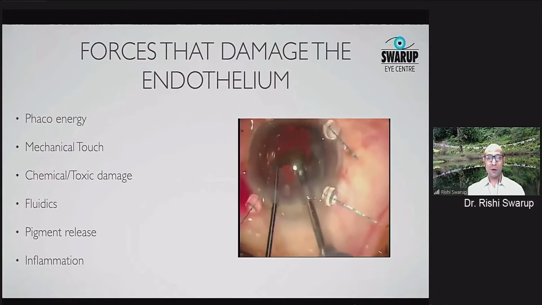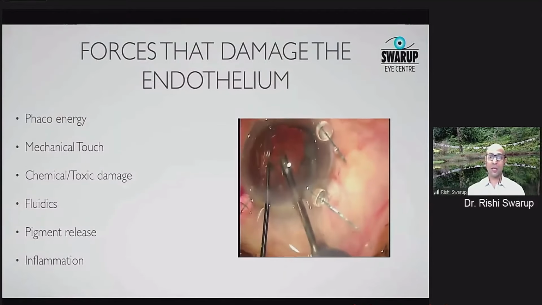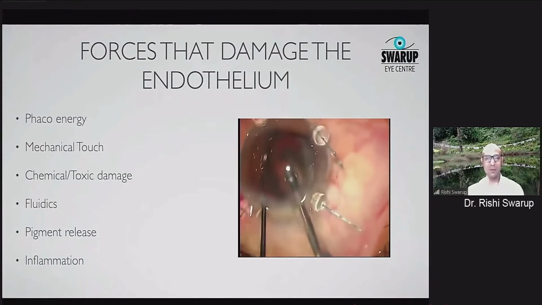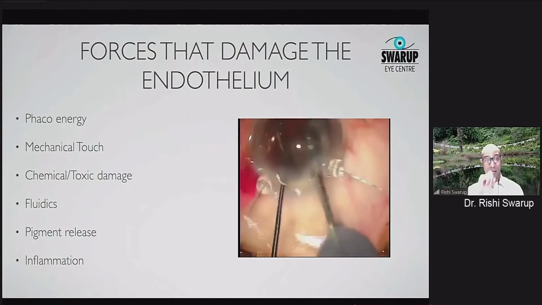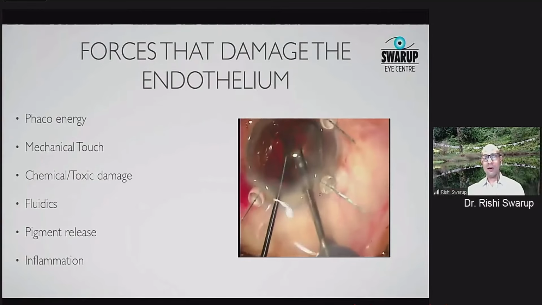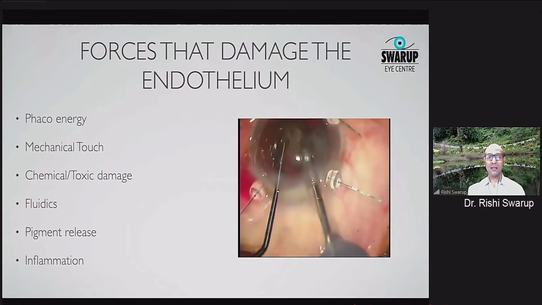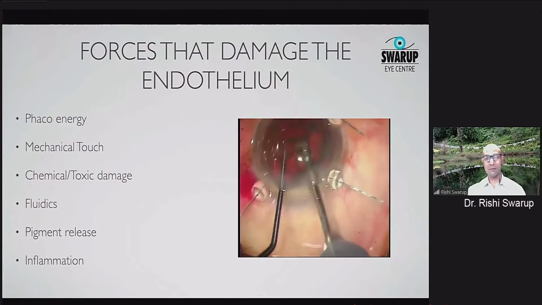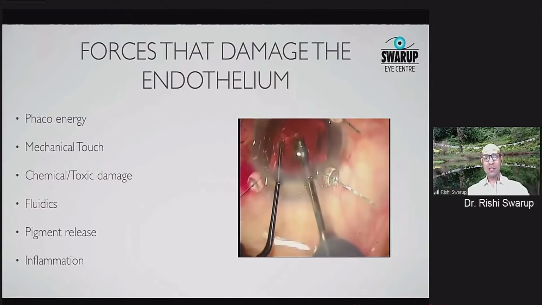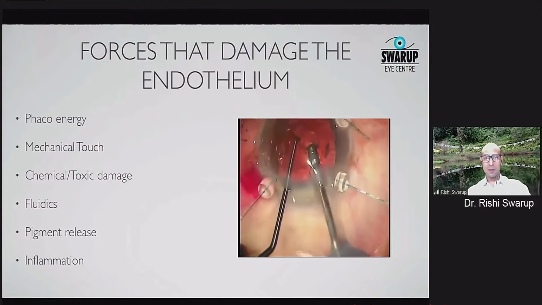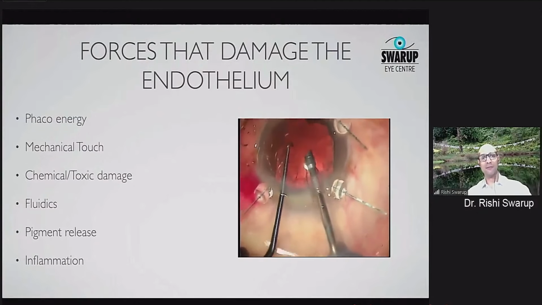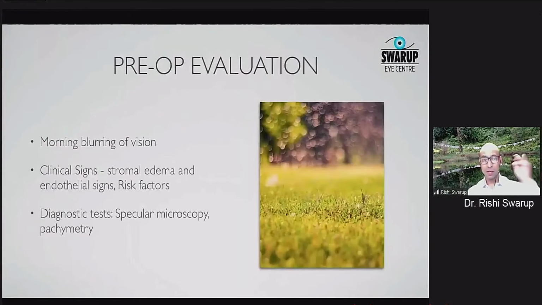So if you're using an anterior chamber maintainer and if flow is directed anteriorly, the fluid flow itself can end up damaging the endothelium. It could detach the Descemet's membrane. If you have a lot of manipulations and the iris is being touched a lot, or it's been prolapsing a lot, pigment release, inflammation from, again, possibly manipulations in the eye, or if it is a uveitic eye, can of course have damage to the endothelium as well.